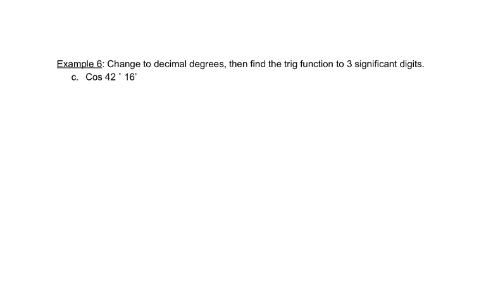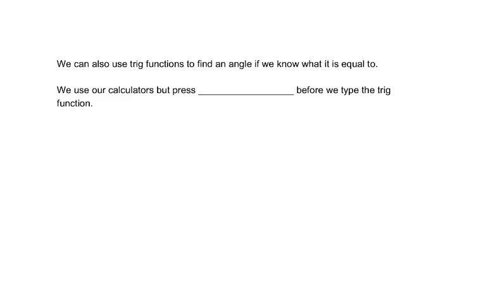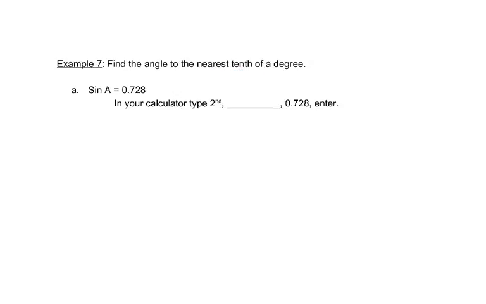We'll skip C because it works the same way as A and B. And we can also use trig functions to find an angle if we know what it is equal to. We're going to use our calculators again, but we have to hit the second button before we type the trig function. So here's what we're talking about in example 7. I want to find the missing angle.